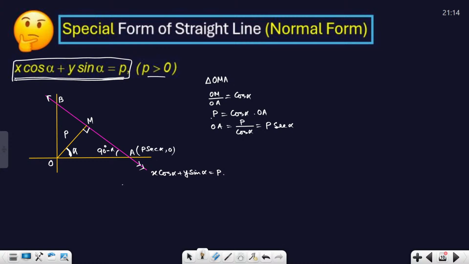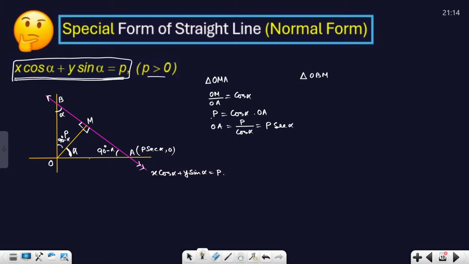Is it clear? Now, this angle is alpha, means this angle is 90 degrees minus alpha. And again, this angle is 90 degrees. So this angle will be your alpha again. Now, consider the triangle OBM.